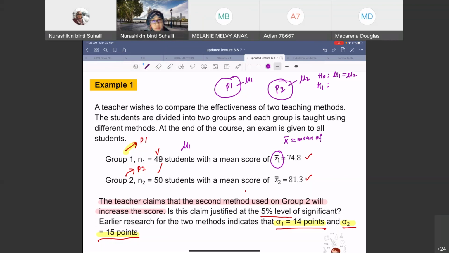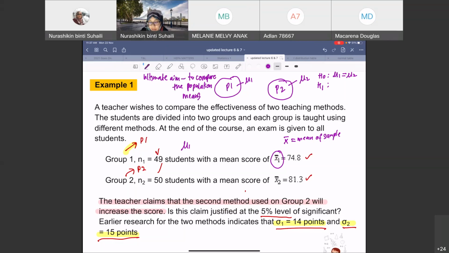So you don't define the sample mean in the hypothesis, because remember, our ultimate aim is to compare the population means. When you understand this, this will help you to construct the hypothesis correctly.